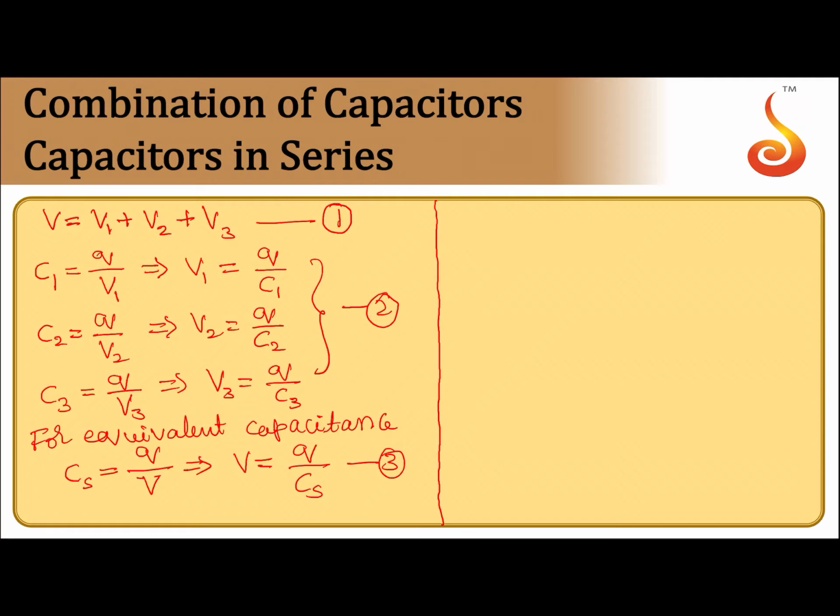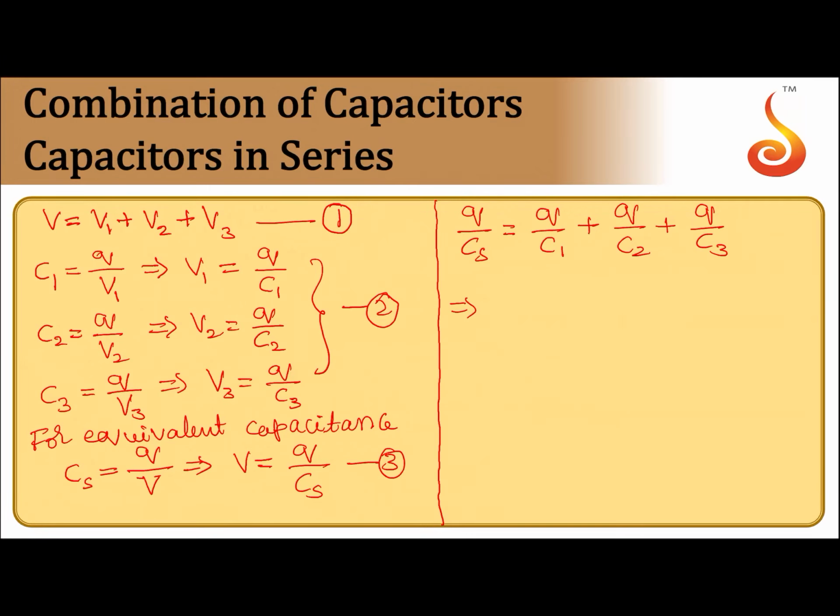Now if I substitute the values of V1, V2, V3 from equation 2 and V from equation 3 into equation 1, what will I get? Q by CS is equal to Q by C1 plus Q by C2 plus Q by C3.